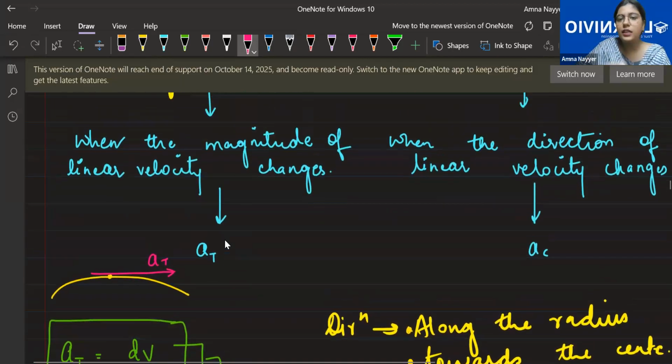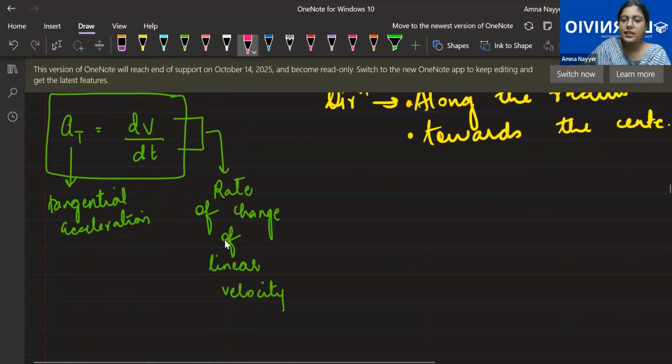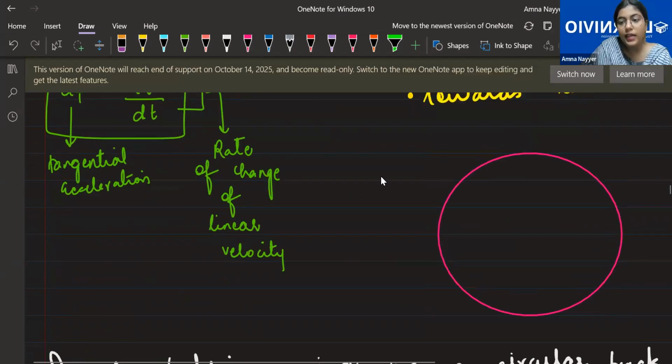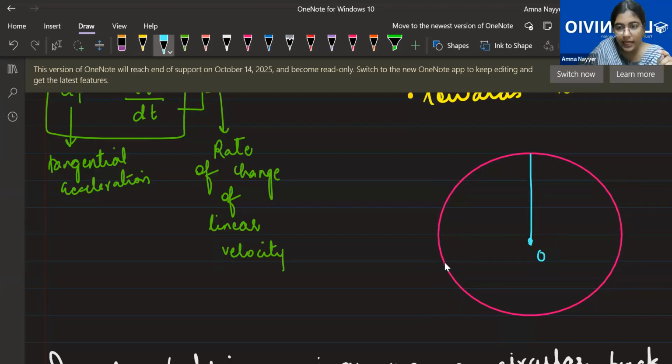Now coming to the centripetal acceleration. It's a little peculiar. Centripetal acceleration will always act along the radius. If this is the center of the circle, it will always be along this radial path.